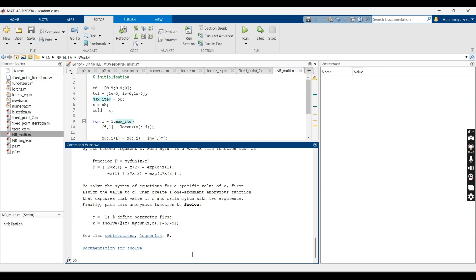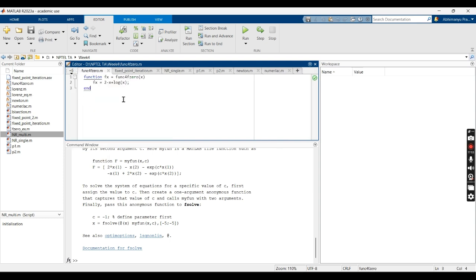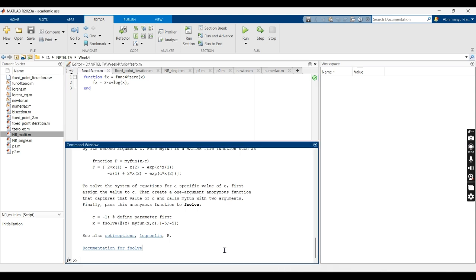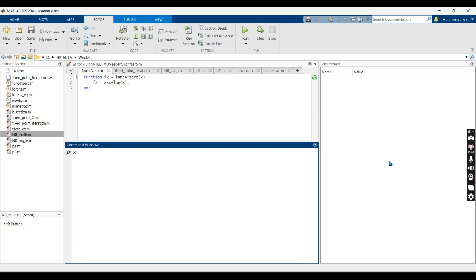Let us first solve the simple 1D problem, a single variable problem, using fsolve. So I think we already had some function. Yeah, so we already have this function func for f0. I will just use some initial guess of, suppose, 2.